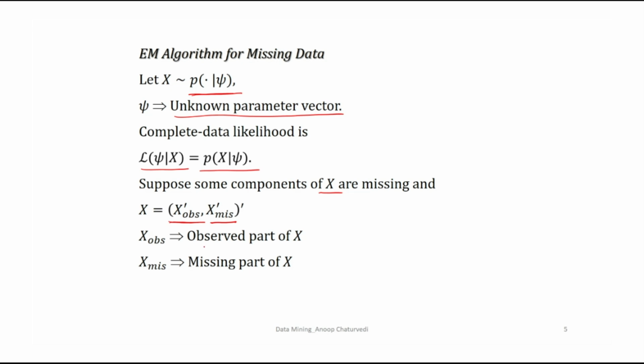So, x observed is the observed part of x and x missing is the missing part of x. It has two parts. Then basically your objective is to estimate psi. Not only psi, you are also interested in estimating this missing part, x missing. So, you want to estimate x missing and psi both.